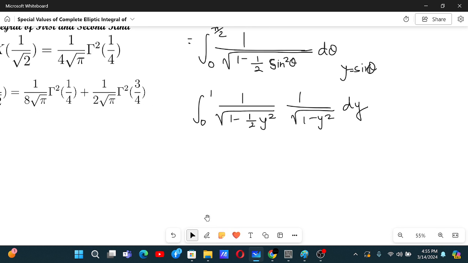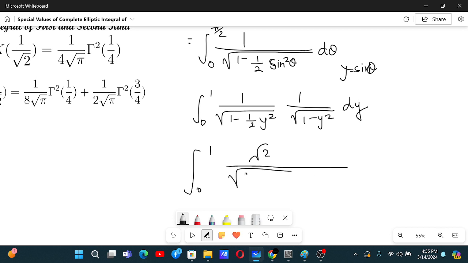Now the next thing will be we will take 2 over here, and that gives us the integral from 0 to 1 of root 2 by root under 2 minus y square, root under 1 minus y square dy.